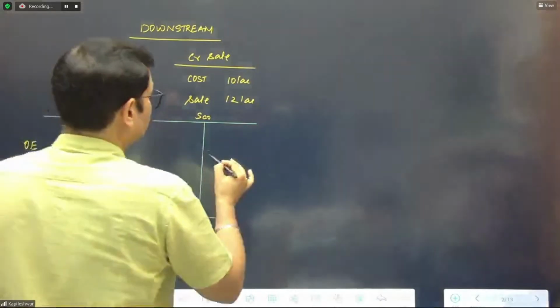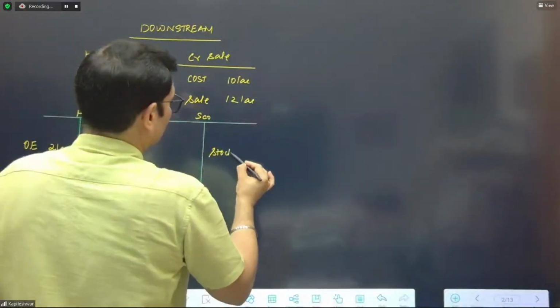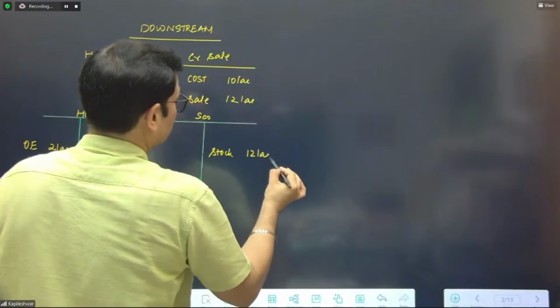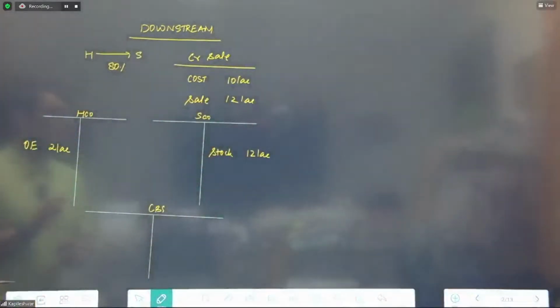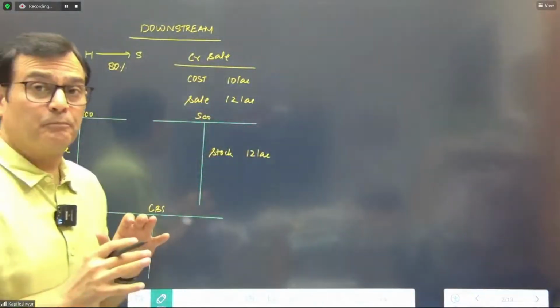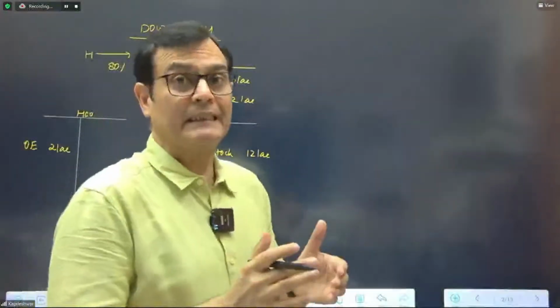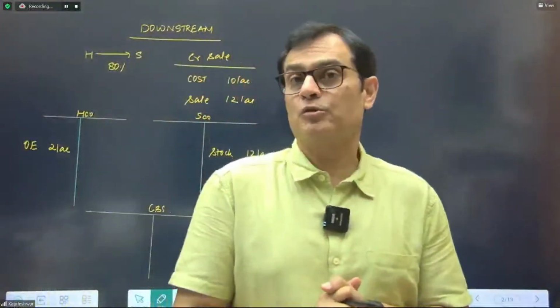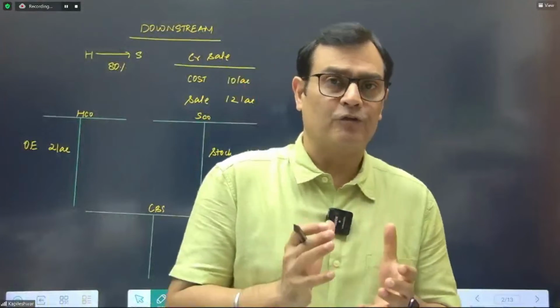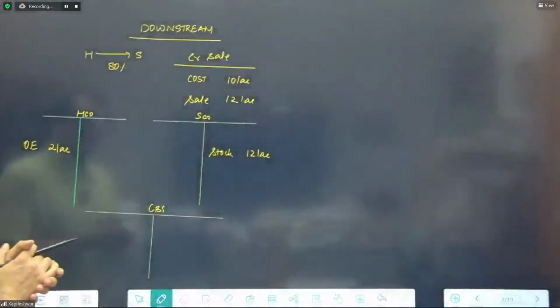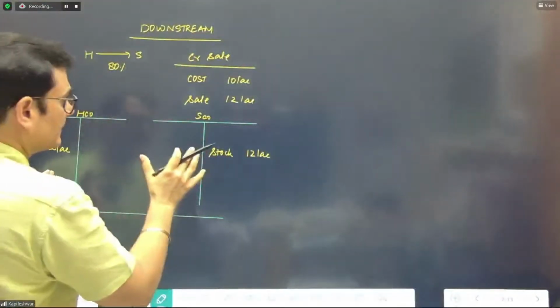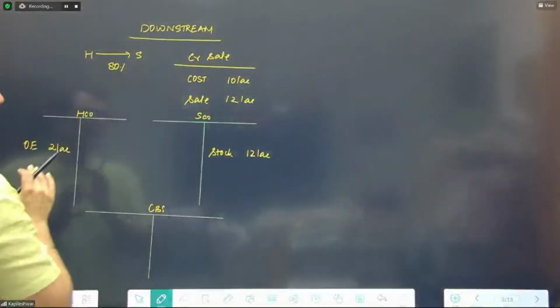And the subsidiary company purchased this stock, so he would reflect it in the balance sheet at 12 lakh, which is a cost to him, because he bought the goods from the parent company at 12 lakh rupees. So this is what would stand in their individual financial statements.